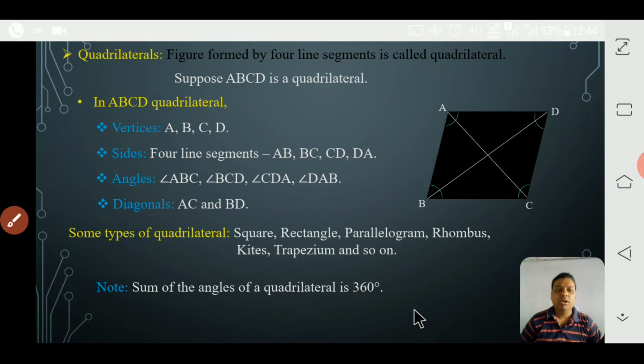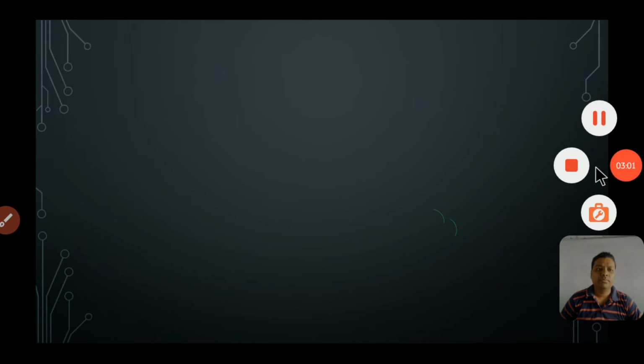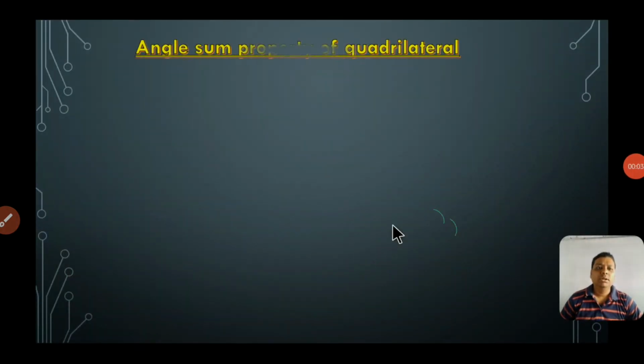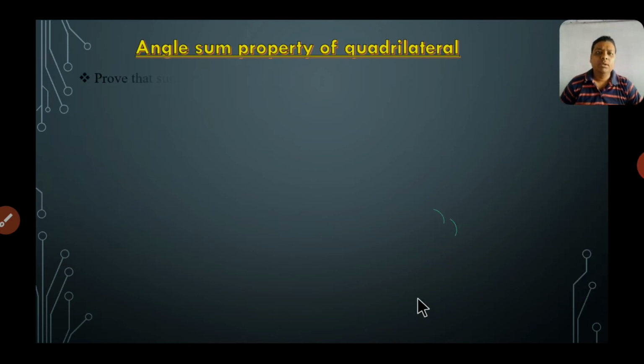So let's prove this. Angle sum property of quadrilateral. We have to prove that the sum of the angles of a quadrilateral is 360 degrees.